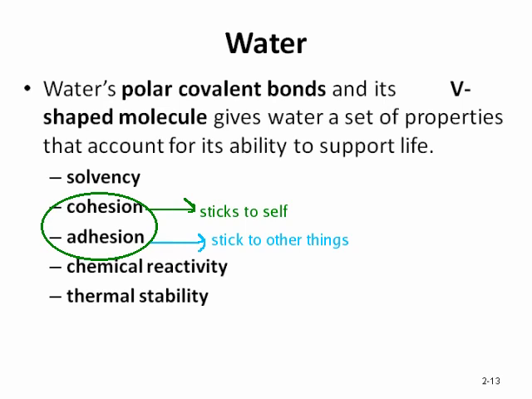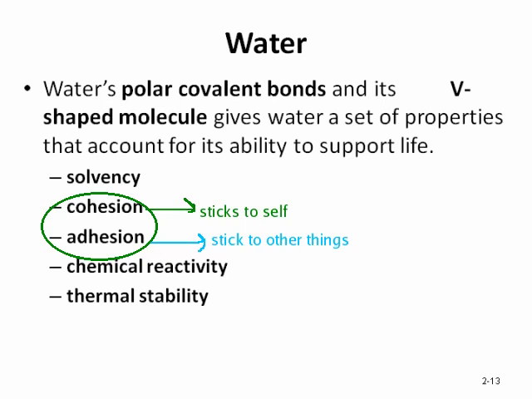We can add water to a system, something called hydrolysis, and it'll actually release energy. We can remove water from a system, known as dehydration synthesis, and create new molecules for energy storage. We can add water to something and create more of a base or create more of an acid. And so the reactivity of water is widespread.